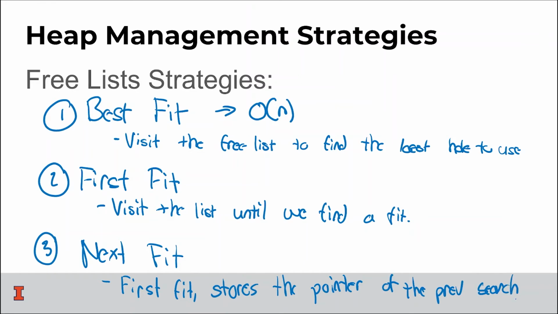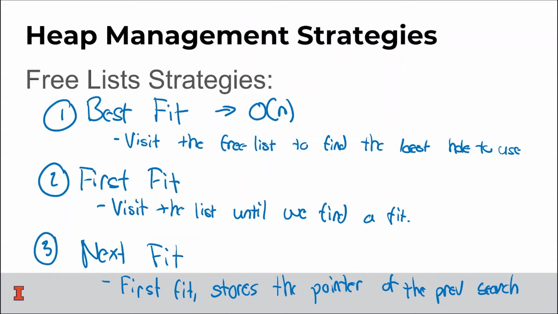So instead of starting at the head of the list every single time, we've gone through the list, we may have visited a bunch of small chunks at the beginning, and we're going to save the pointer of where we currently are in the list after we found our allocation. Then we start where we made that previous allocation. So we end up cycling through our entire heap over time, rather than always starting at the beginning.